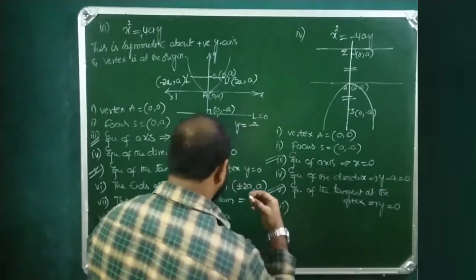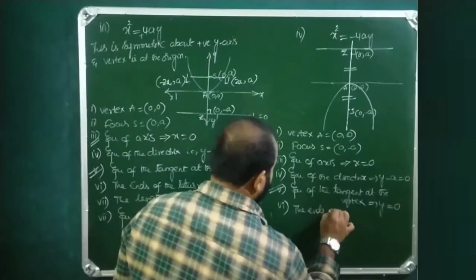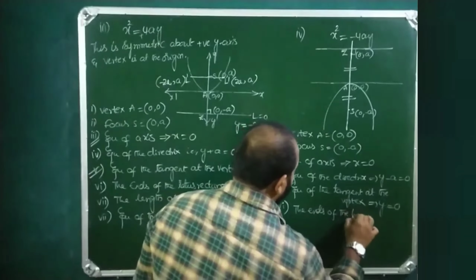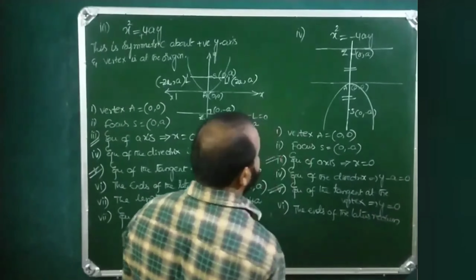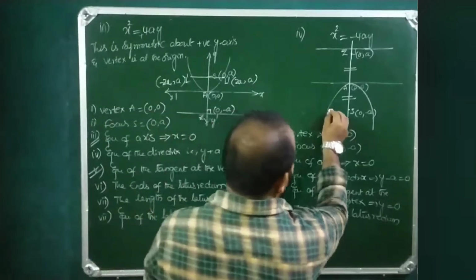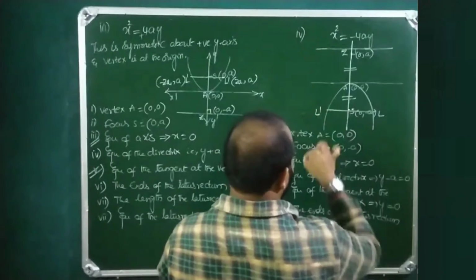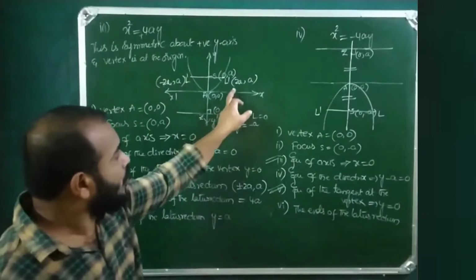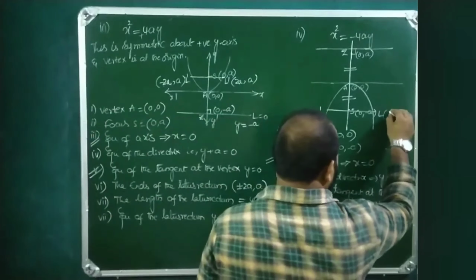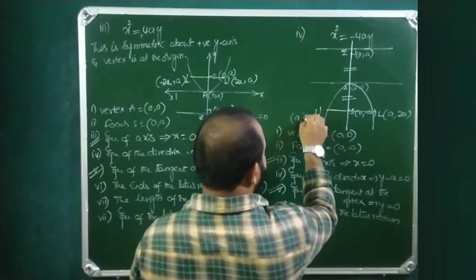And the next one is the ends or extremities of the latus rectum. What is the latus rectum here? This is L dash. Earlier it was a comma 2a, a comma minus 2a.